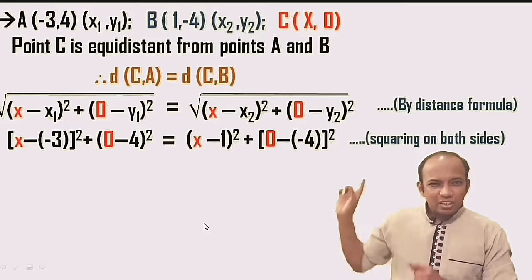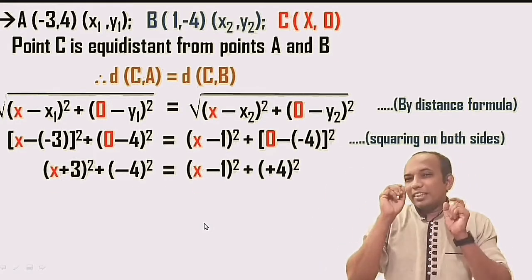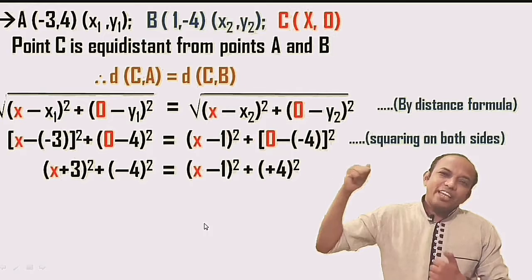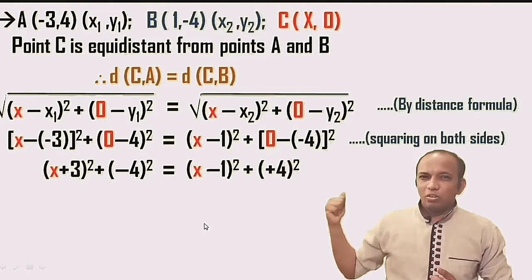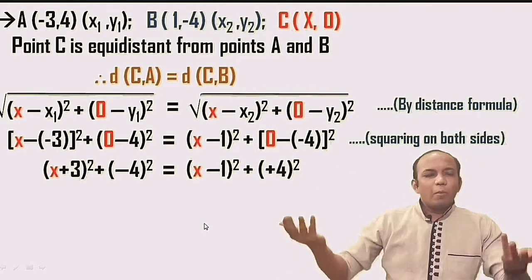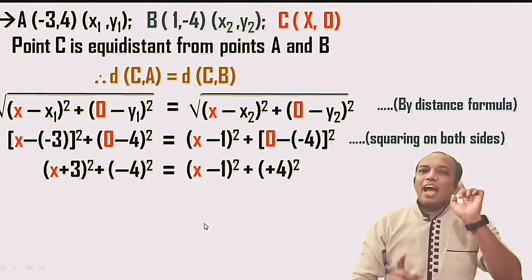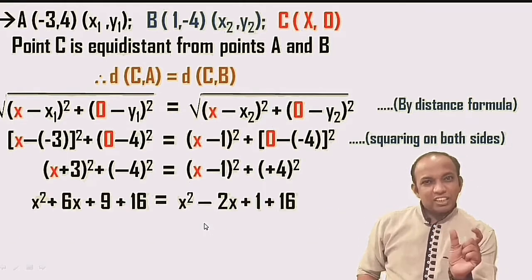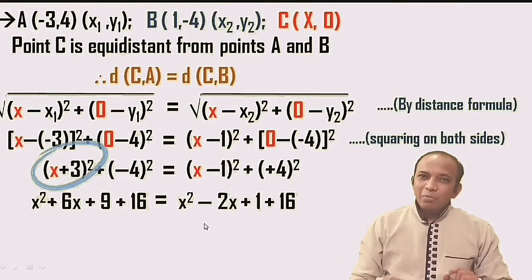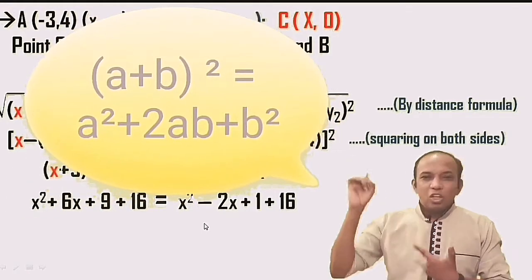Next step, now observe the values. We are left with (x plus 3) the whole square plus (negative 4) the whole square, and on the other side we have (x minus 1) the whole square plus 4 square. Negative 4 square and 4 square both will result in 16, the way you are looking on the screen. As we are given the bracket, that is (x plus 3) the whole square, we have to utilize the expansion formula, (a plus b) the whole square.